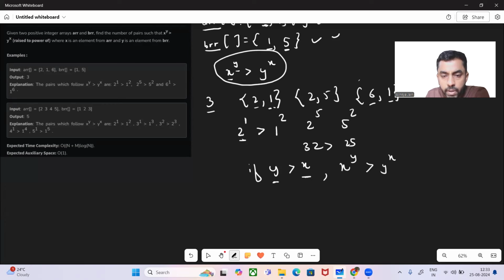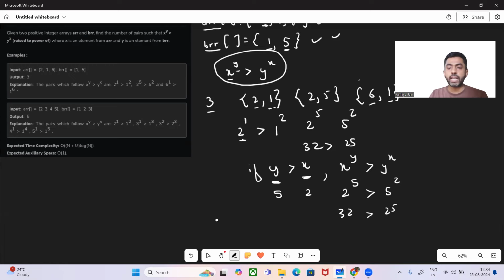For example, if Y is 5 and X is 2, then 2 to the power 5 is greater than 5 to the power 2, as 32 is greater than 25. So generally, if Y is greater than X, this condition will be true.